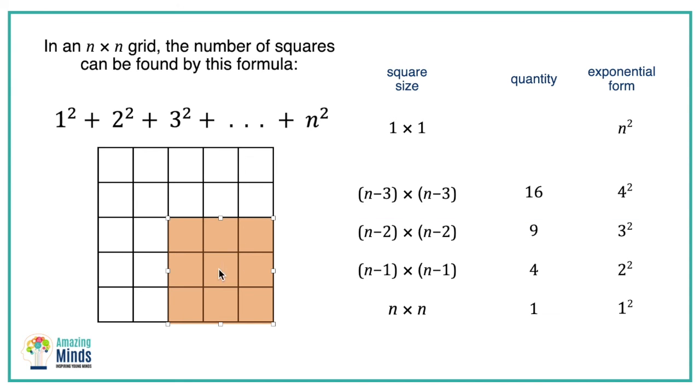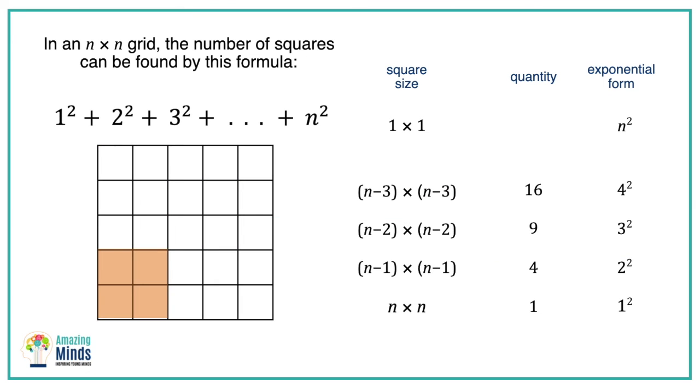If you make it 3 smaller than n, then you're always going to have 4 by 4. That will continue until you reach the smallest square, which is 1 by 1, and then the number of squares that you will have will be n times n. Isn't that amazing?